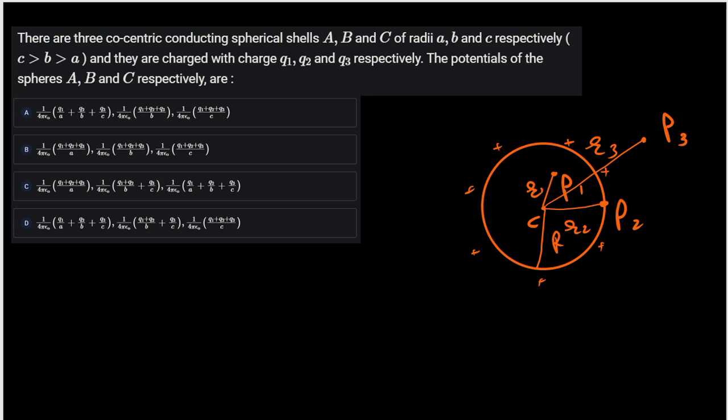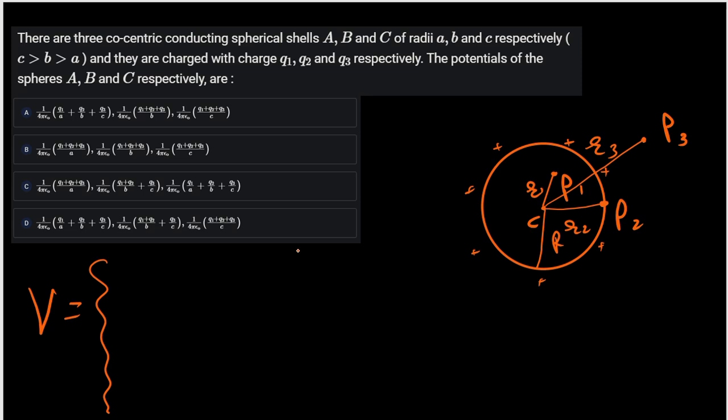Now when we write the potential at all three points, inside, outside, and on the surface, first of all we can write V is equal to, first of all, inside. Inside the spherical shell or inside a conducting sphere, in both cases the charge will only reside at the surface, and inside the spherical shell the potential will remain constant.